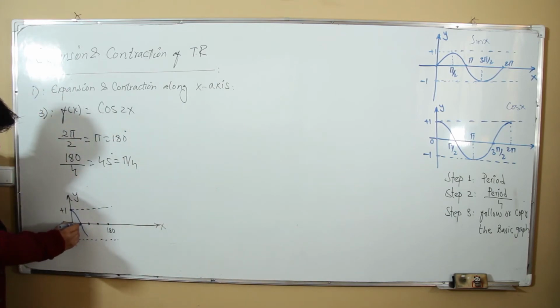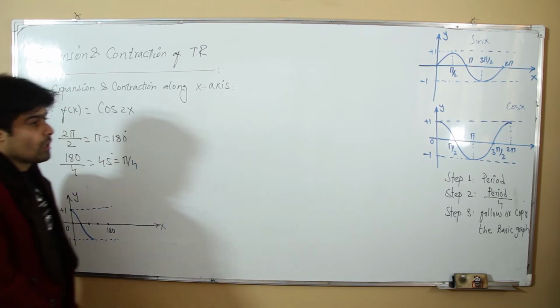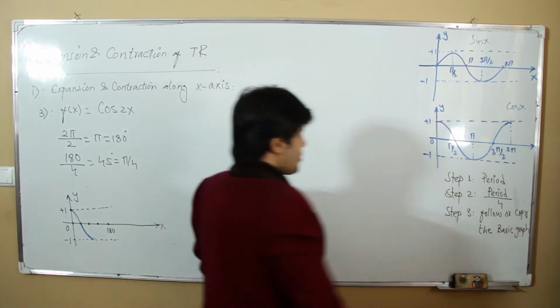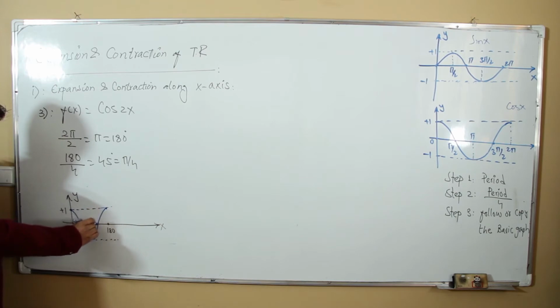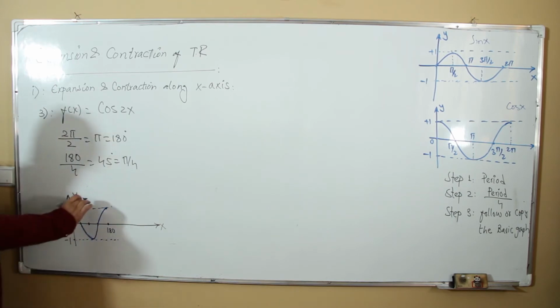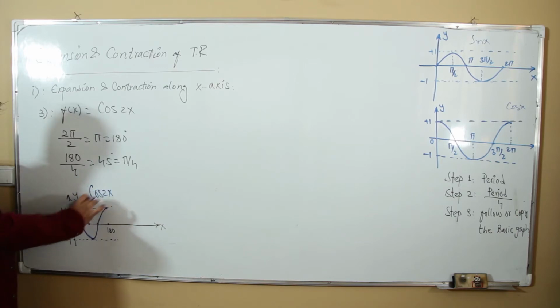It is minimum. Am I right or not? The next point we have to cross x-axis. We have to cross, and this is our next point. This is the graph of the cosine 2x.